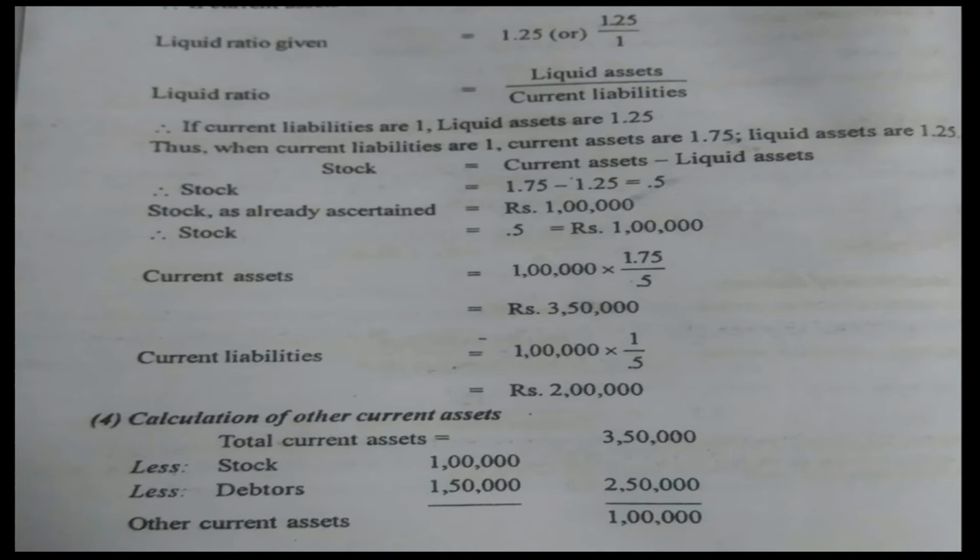Then we know what is current asset, we know what is current liability, we know what is stock, we know what is debtors. In total, we say current asset is 3,50,000. Out of 3,50,000, we know stock is 1 lakh and debtors is 1,50,000. What is the remainder then?